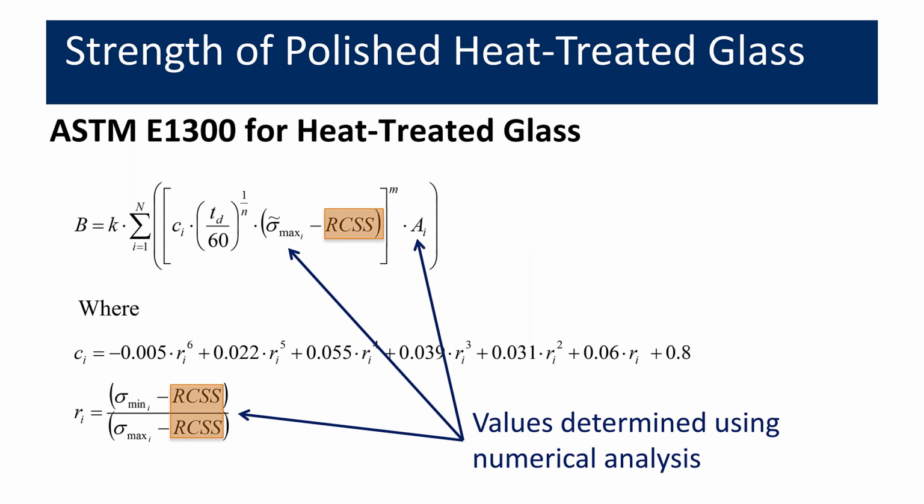This is actually why heat-treated glass has greater load resistance. For our design purposes, RCSS is taken as the minimum values that are defined in C1048. But for forensic purposes, we can use the values that we actually measure on the glass, because we have the actual glass to measure.